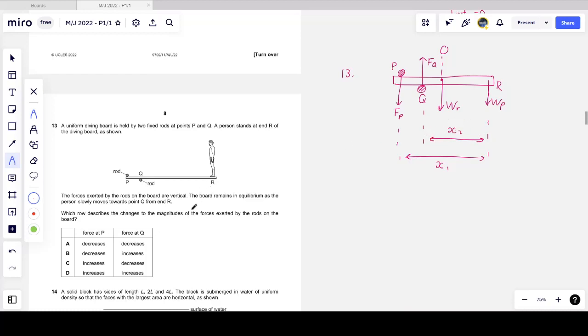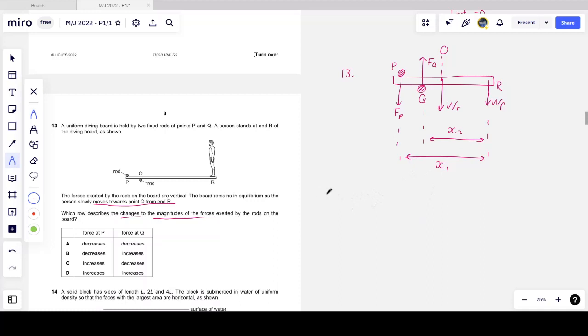Now what I want to know is how the magnitudes of the forces change as the person moves toward Q from R. So these values of x1 and x2 are going to change, and in response, FP and FQ are going to change as well. We want to know how FP and FQ change as x2 gets smaller and x1 gets smaller.